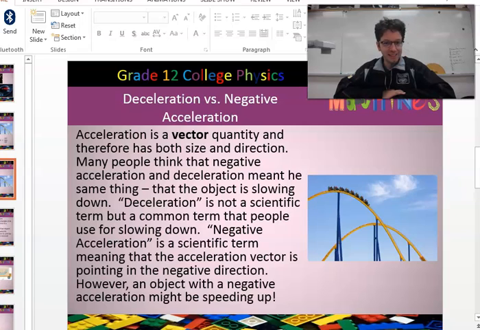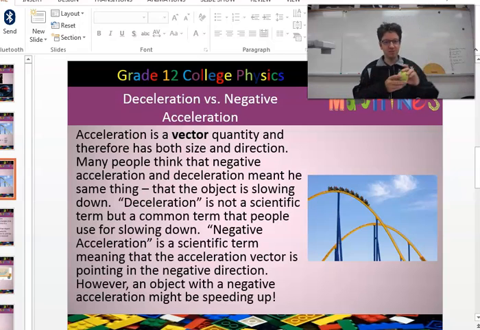In English, when we use the word deceleration, we usually mean that something is slowing down. But in physics, because acceleration is a vector and has a directional property, we simply say positive acceleration or negative acceleration. Now, a negative acceleration is still not quite the same as deceleration.